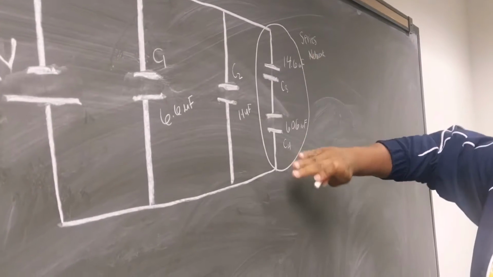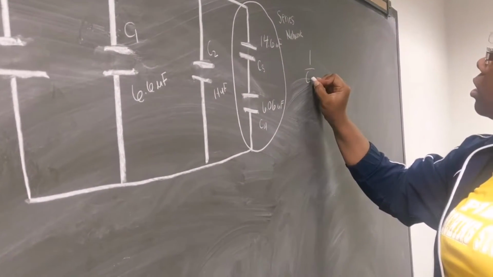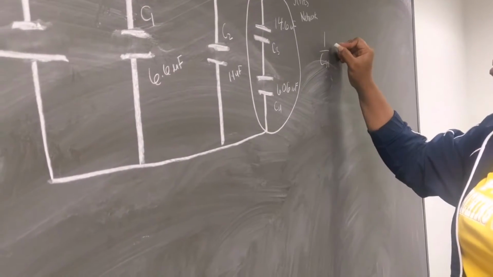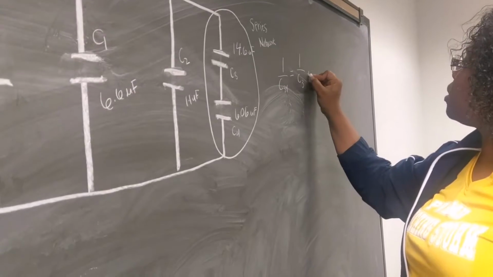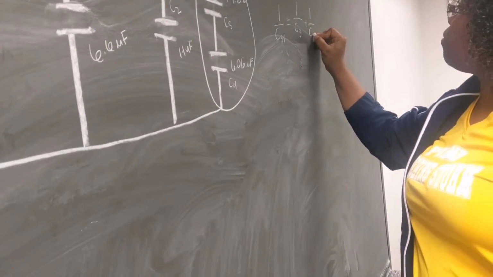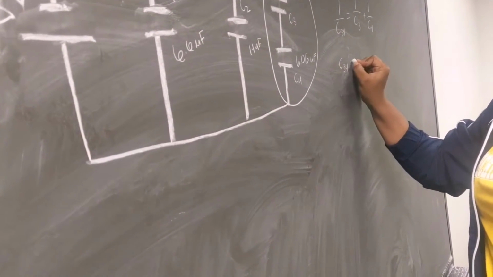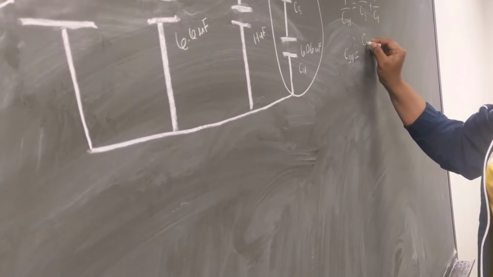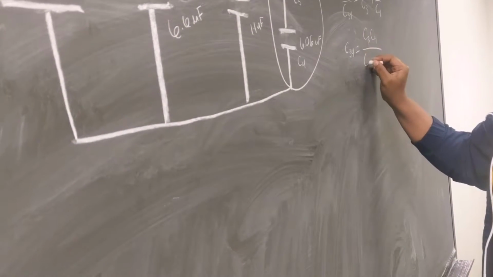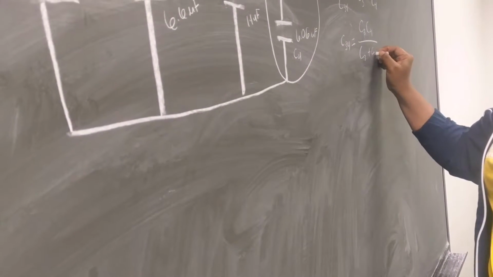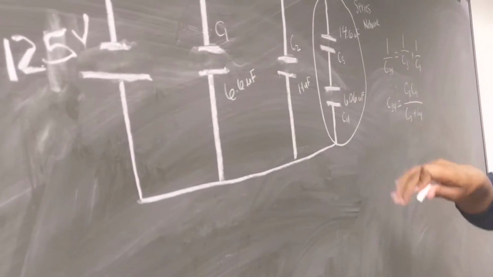And they can be combined with the equation 1 over C34 equals 1 over C3 plus 1 over C4, which is equivalent to C34 equals C3 times C4 divided by C3 plus C4, which will give you your capacitance of C34.